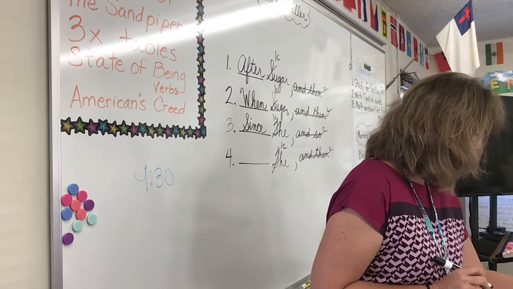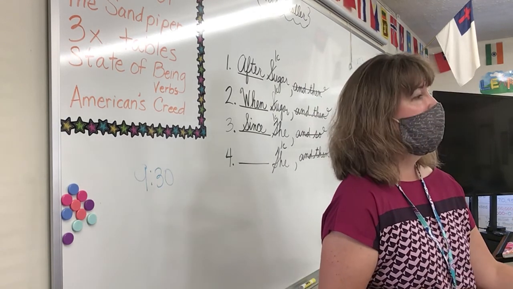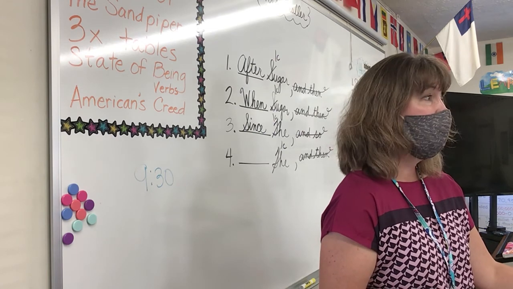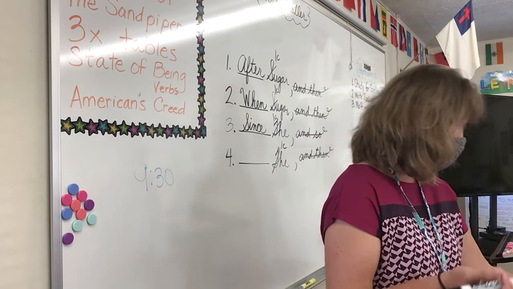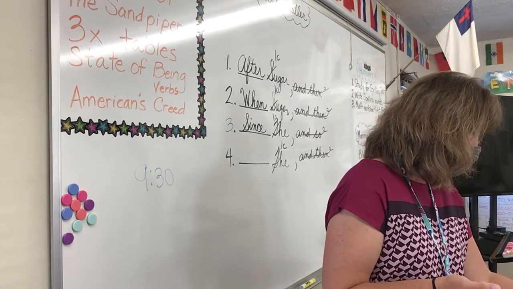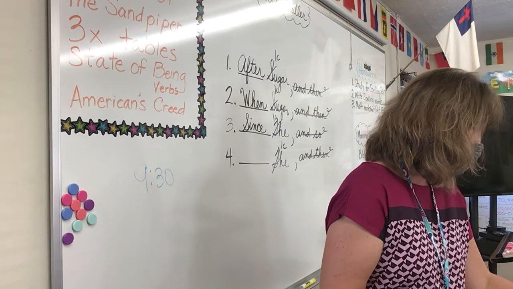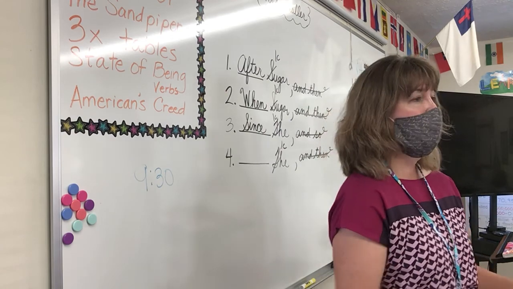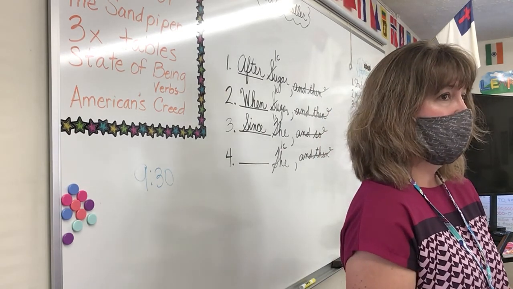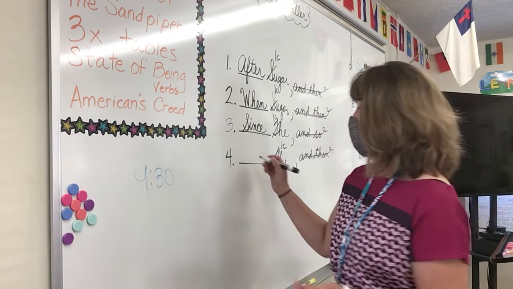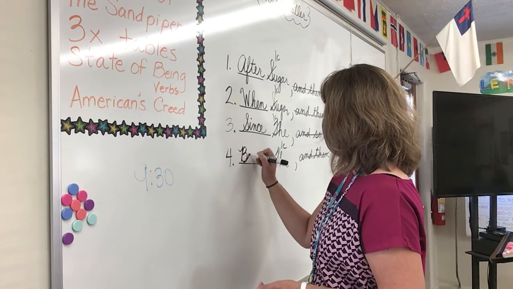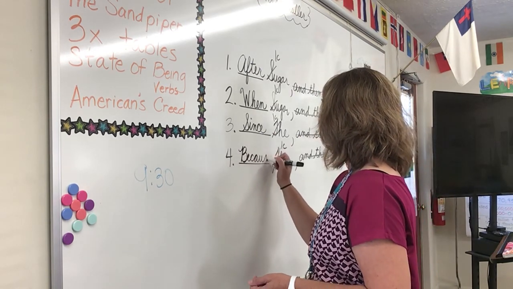You could say after, or you could say because, or when, I guess. My book says because. Because the syrup is heated, crystals are formed. I mean, that's the reason why the crystals form, because the water's heated. So probably the best word would be because.